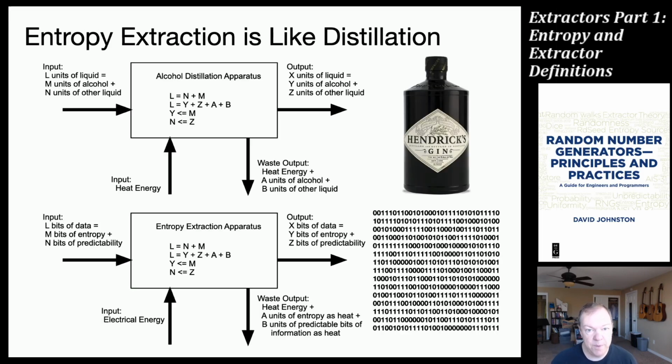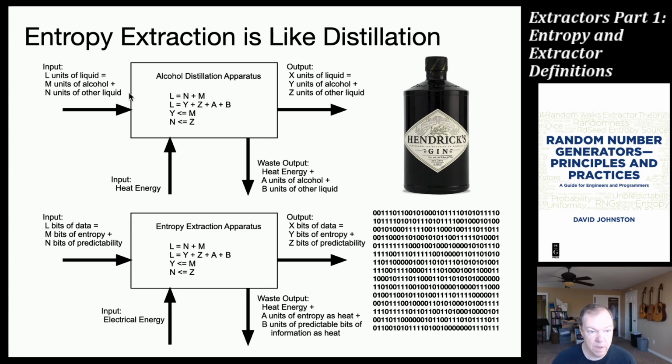So this is where we get to the analogy with distillation, which, if you're familiar with distillation, should make sense. In distillation, we're putting in some units of liquid and heat. So we've got liquid coming in and heat going in, and that liquid consists of m units of alcohol and n units of other liquid.